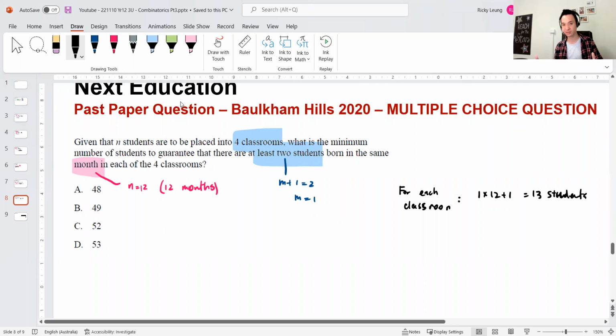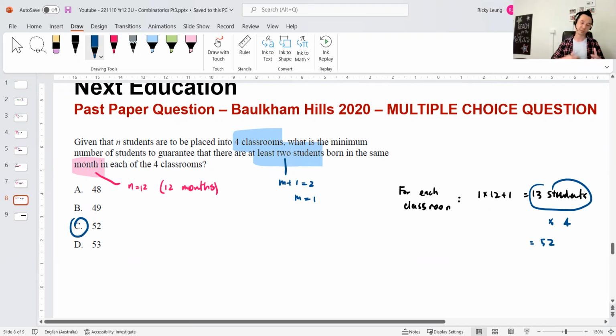That makes sense. And then in this question, it just basically says there are 4 classrooms, each of them doing this. So the answer is as simple as taking 13 and then multiplying by 4. That's all they're doing, right? So basically the final answer is 52, right?